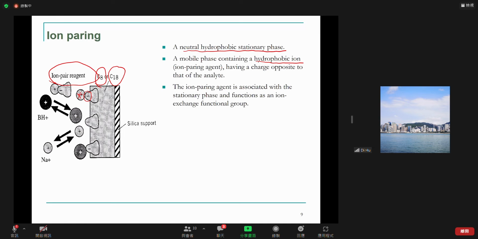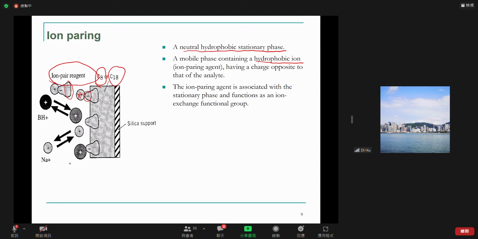Here the analyte is the metal, which is positive, so the head of this reagent has the negative charge. There are two mechanisms we mentioned. Either they already form a complex in the mobile phase, and the hydrophobic tail of this newly formed compound just partitions onto the stationary phase, right?